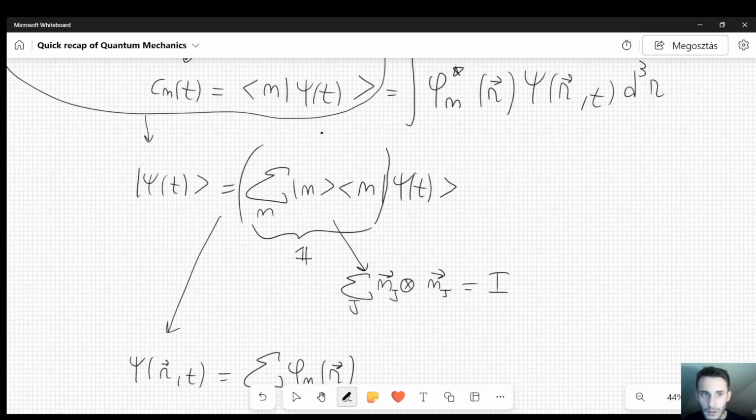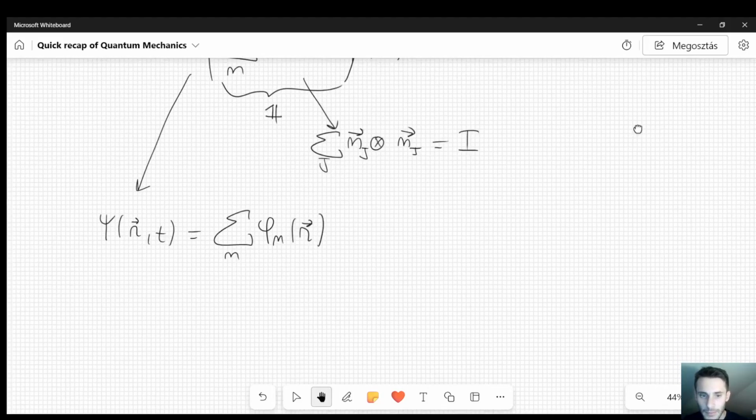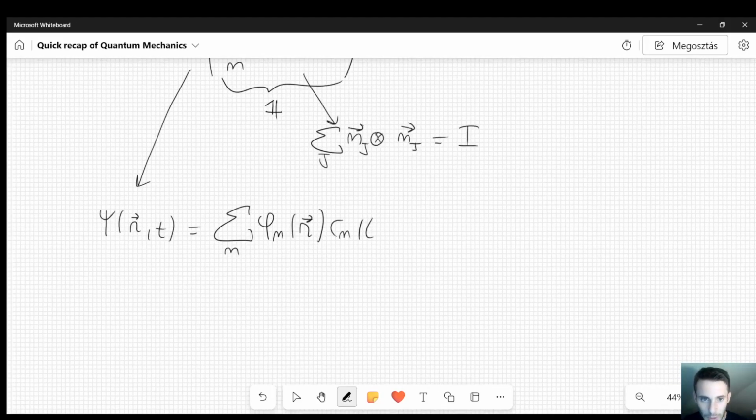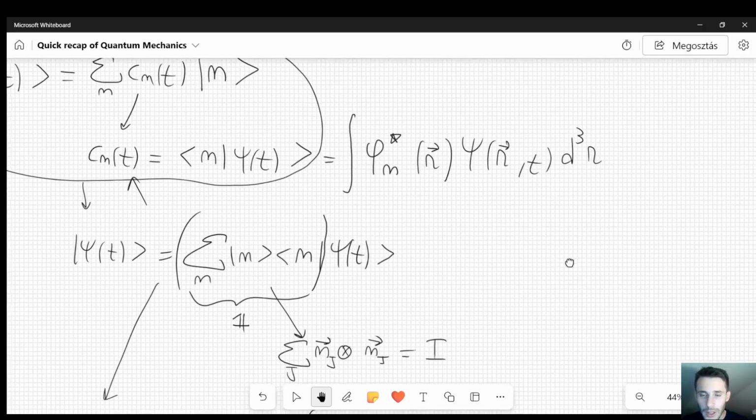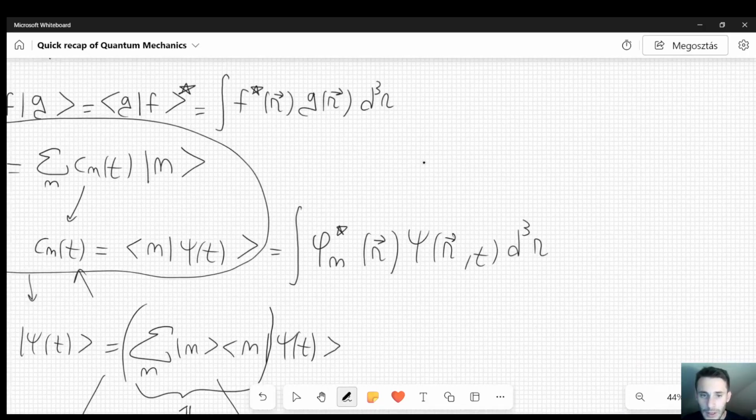Remember that this would be the coefficient c sub n, which is exactly the expansion that we wrote earlier, like this. But now I'm going to write the integral, and we have something like phi sub n star. Remember that we only have to sum over n because the others are simply orthonormal.